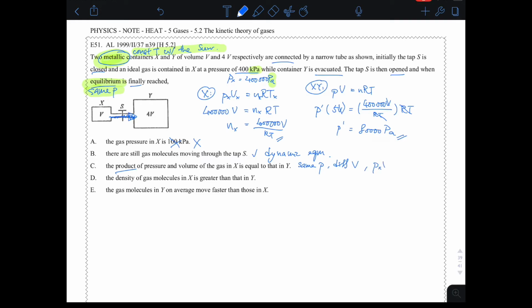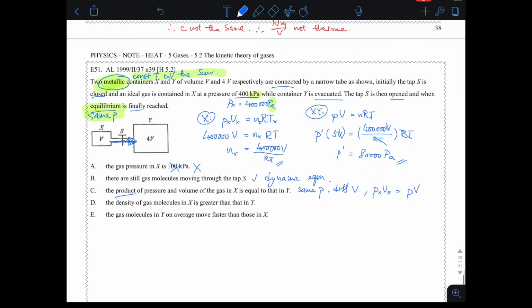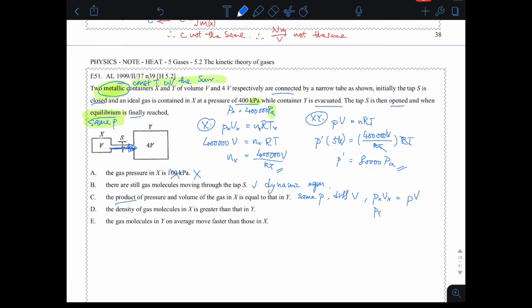So PXVX will be equal to the same pressure P times V, right? And on the other hand, PYVY is equal to the same P, but 4V for Y. Then obviously they are not equal. So this is wrong.